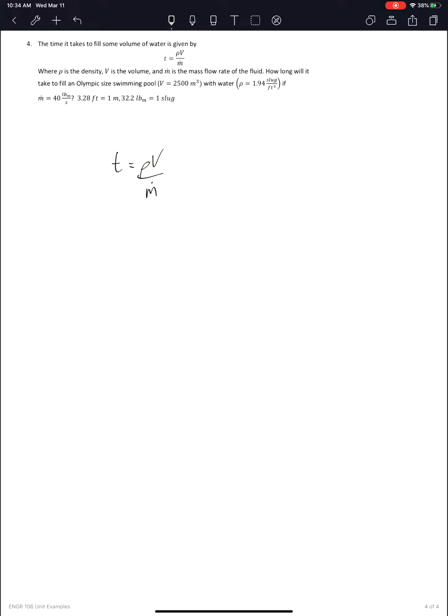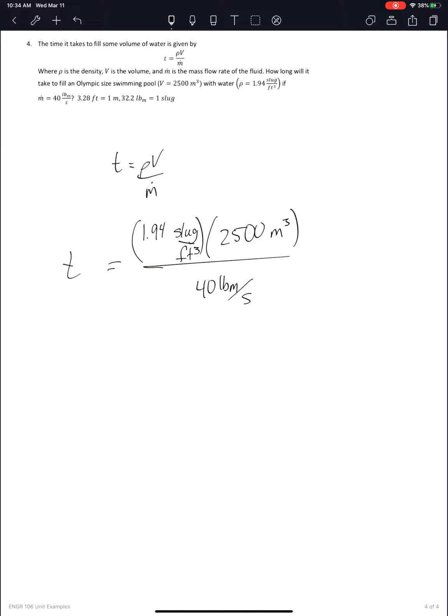The density is given as 1.94 slug per feet cubed. The volume is given as 2,500 cubic meters, and the mass flow rate, they did give it to us, right? Oh, there it is. 40 pounds mass per second.